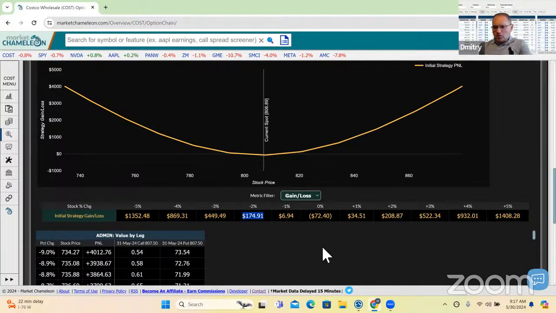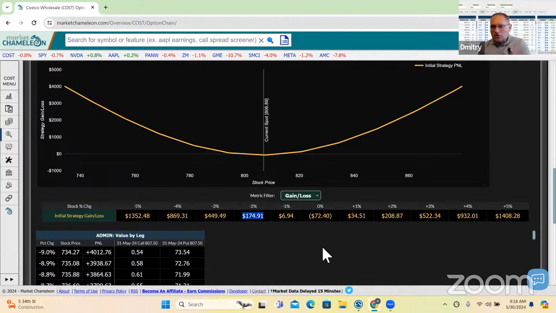So this is what it would look like today, without any decay. What if we wanted to see tomorrow? Well, if we're going to go 1 day ahead, we know that the options are going to decay, at least if the implied volatility stays the same.